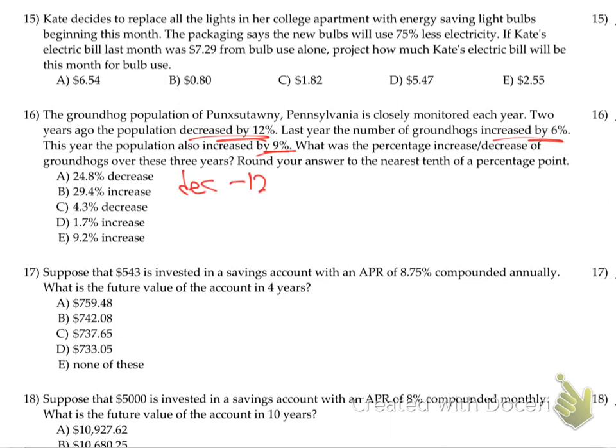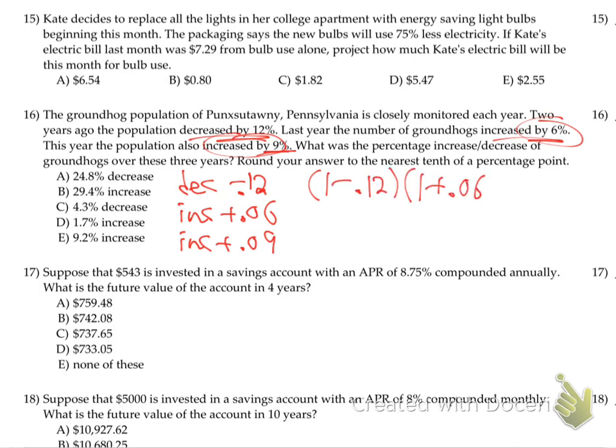Decrease, that's minus 0.12, and increase, that's plus 0.06. Increase 9%, that's plus 0.09. You've got to put a 1 with each of those, right? So 1 minus 0.12 times 1 plus 0.06 times 1 plus 0.09.